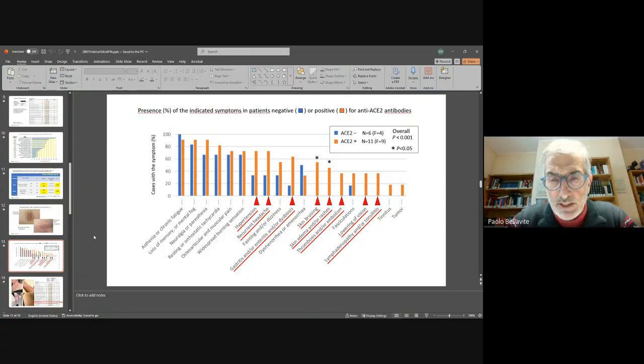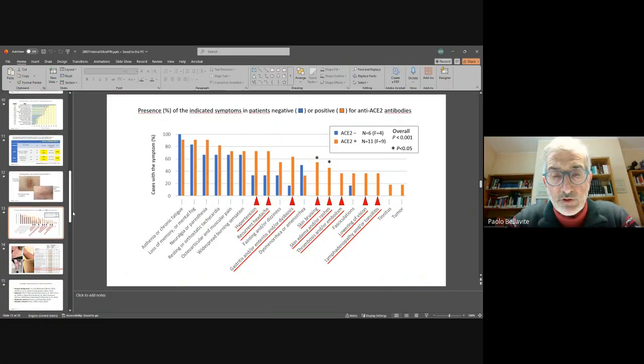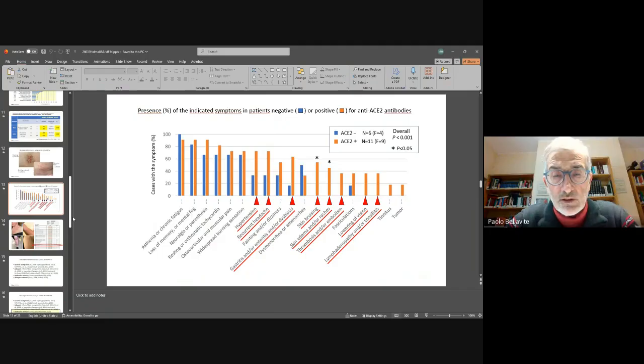negative for ACE2 in blue or positive for ACE2 in orange. The ACE2 positive patients had a higher percentage of symptomatic cases, and the difference between positive and negative cases is particularly evident for hypertension, headache, gastritis, skin bruising, skin edema or rashes, thrombosis, and lower risk of vision.